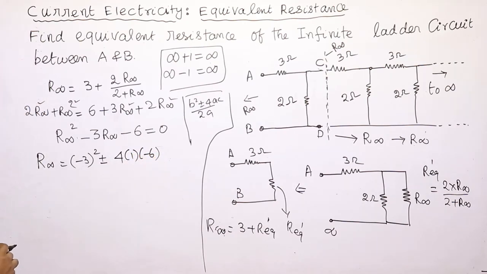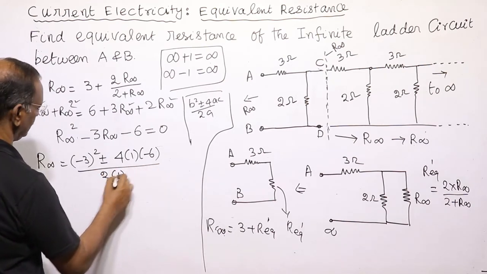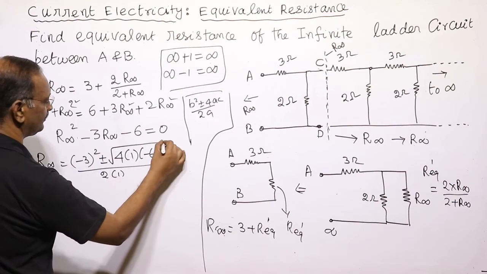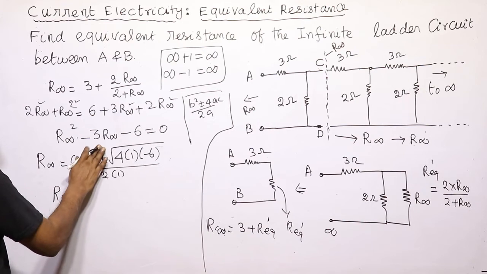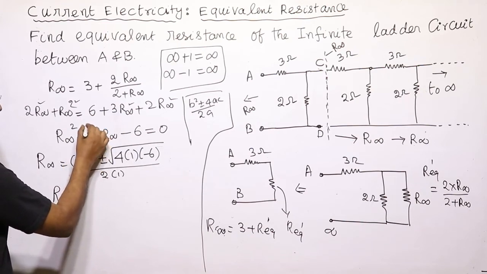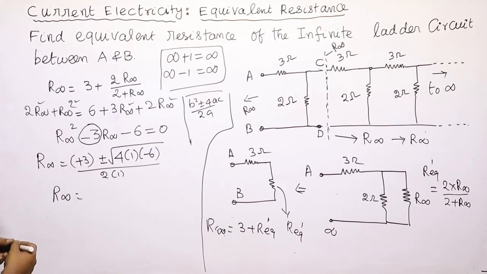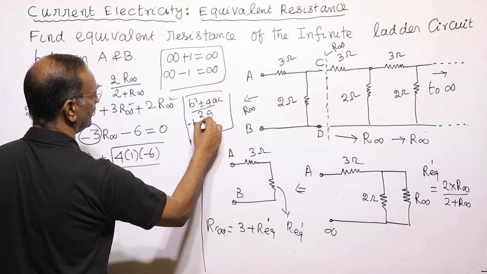So R infinity is equal to minus b, and minus b is plus 3, plus or minus the square root of b square minus 4ac, divided by 2 into 1.